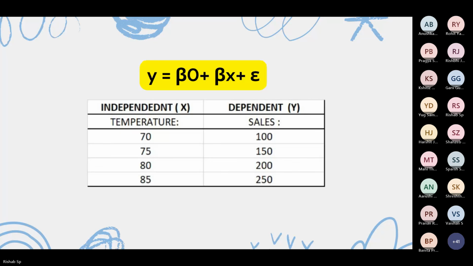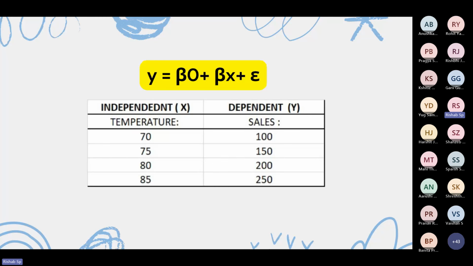Now he has sales as dependent and only one independent variable, only temperature. What if he wants to consider another factor to make a good interpretation? If he has more factors, he can make better decisions, right? So that's the whole objective.